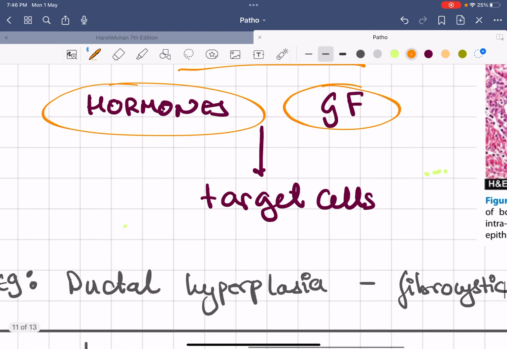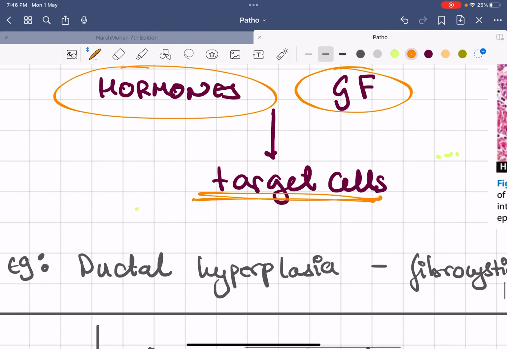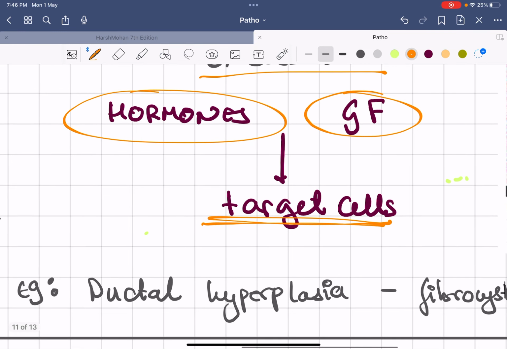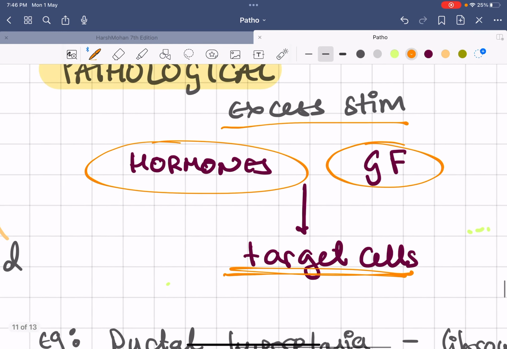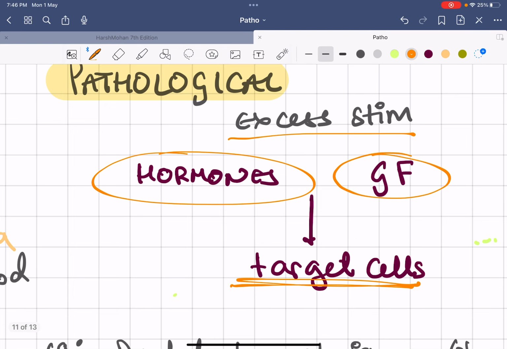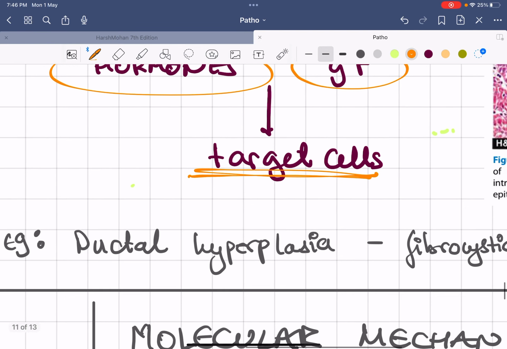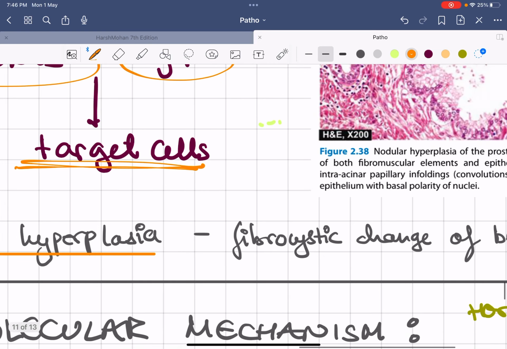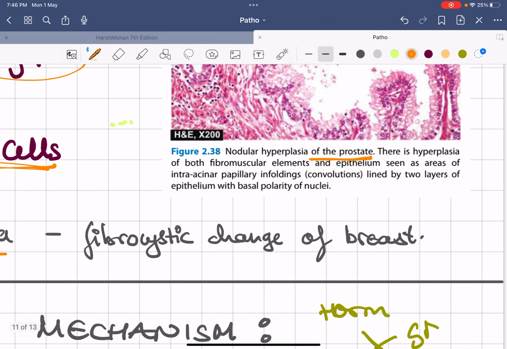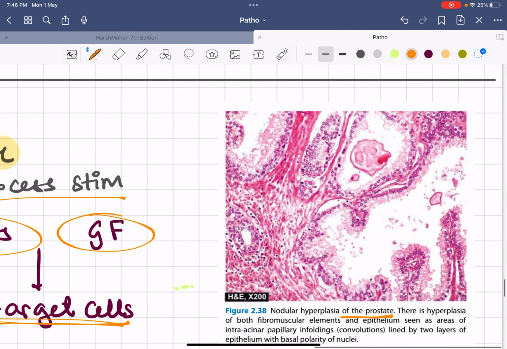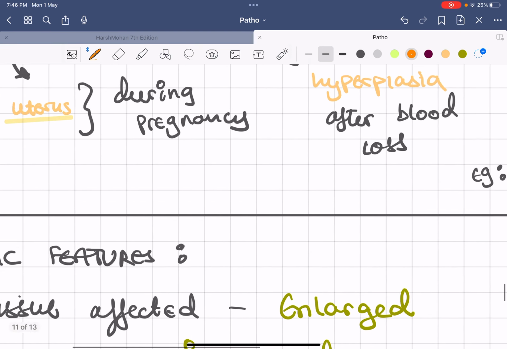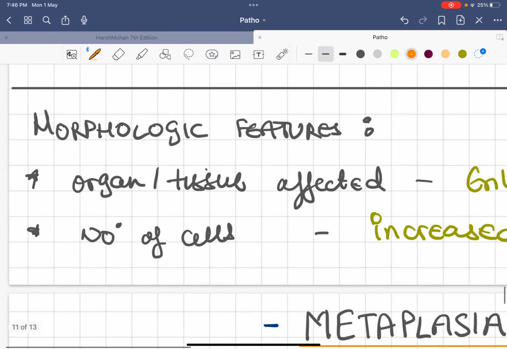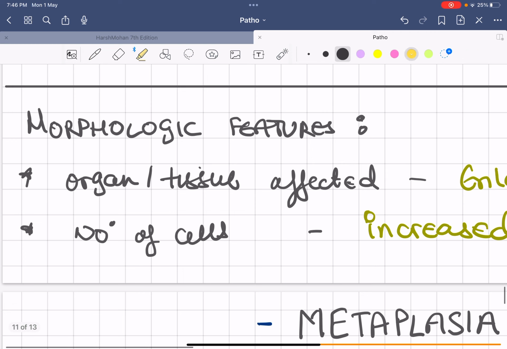Growth factors. On the target cells. When we move ahead, we will learn how this leads to hyperplasia. But the best examples of this would be ductal hyperplasia and prostate hyperplasia, as we can see in this diagram.